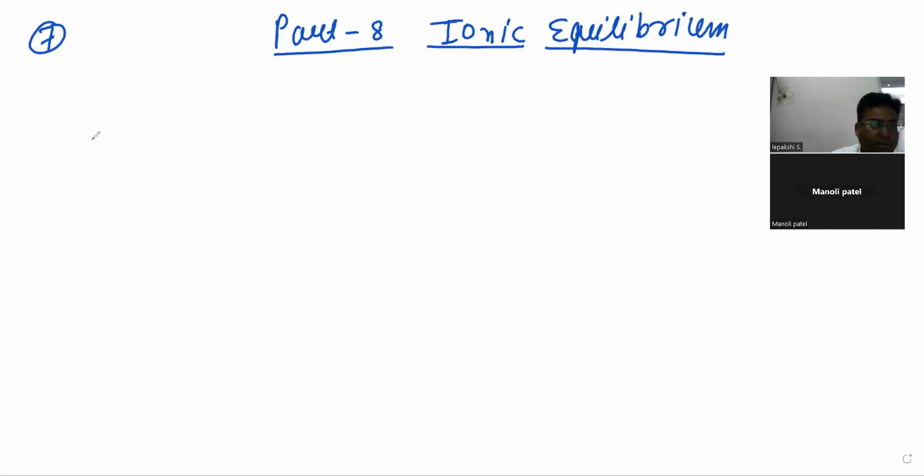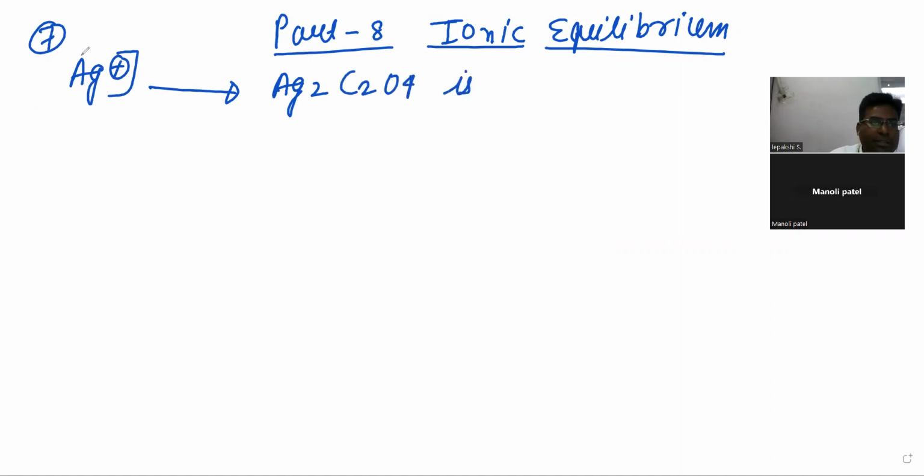So the concentration of Ag+ ion in a saturated solution of Ag2C2O4 is given; the Ag+ value is 2.2 × 10^-4 per mole.